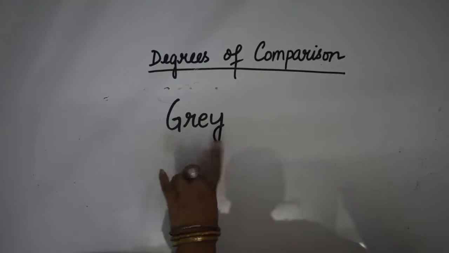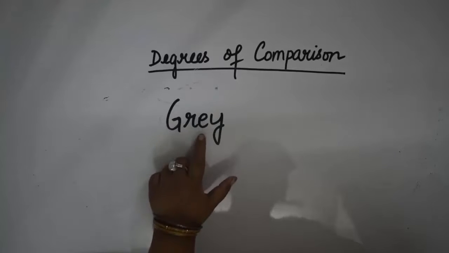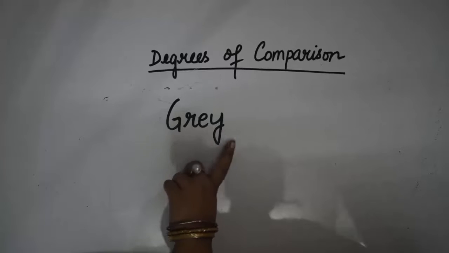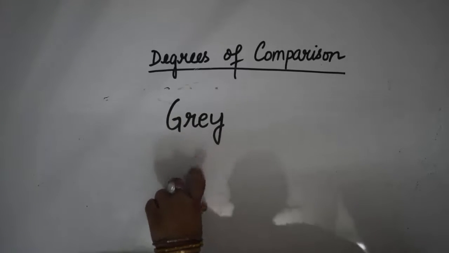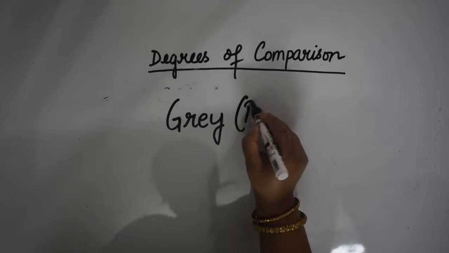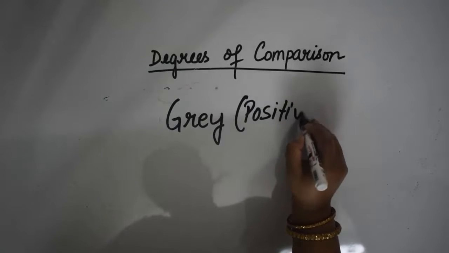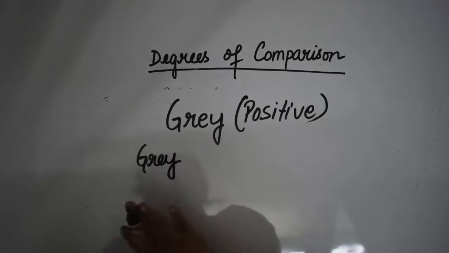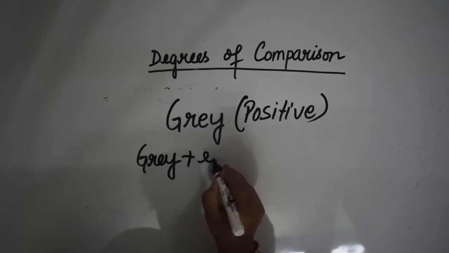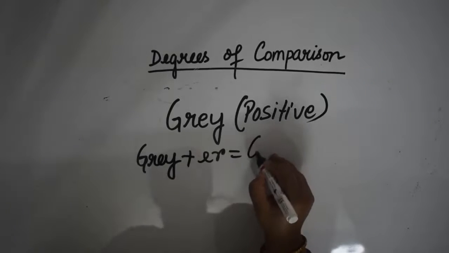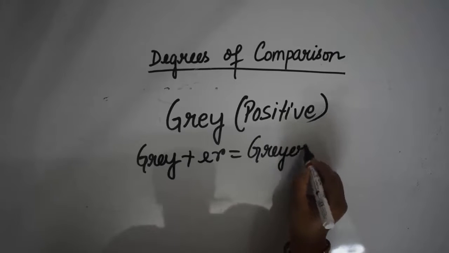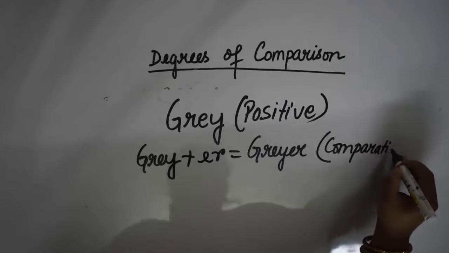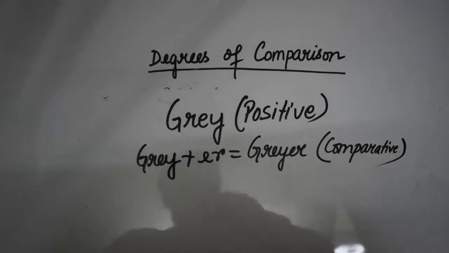There is a vowel before Y, not a consonant. There is a vowel, E, before the letter Y. So if this is the positive, you're not changing anything, you are simply adding ER and it becomes greyer, which is the comparative form of the word grey.